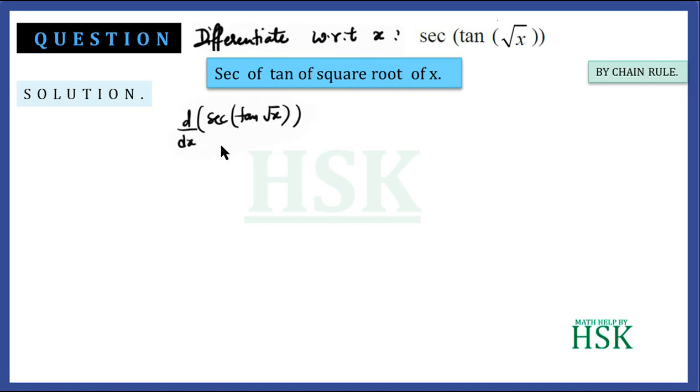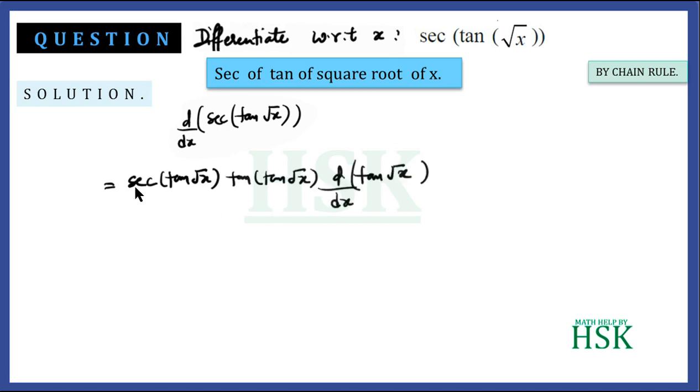Now to differentiate sec of tan of root x with respect to x by chain rule, first of all we are going to differentiate sec. Now differentiation of sec is equal to sec of something into tan of something. So here we are going to write this as equal to sec of tan of root x into tan of root x into d by dx of tan of root x.